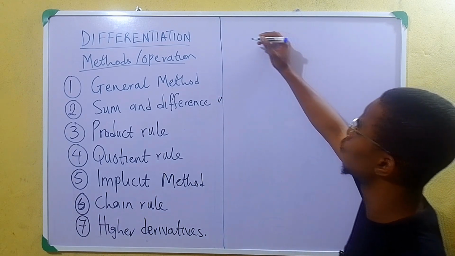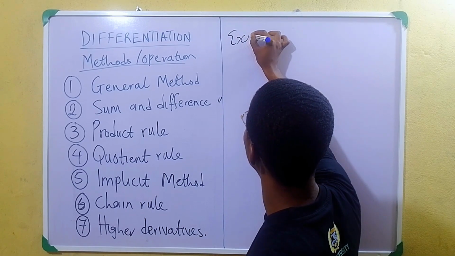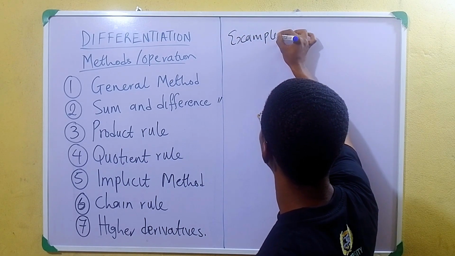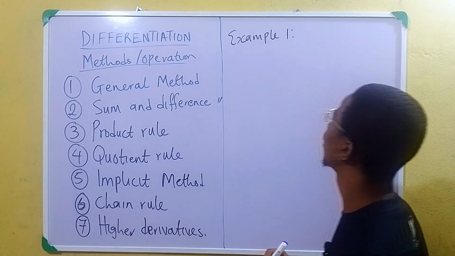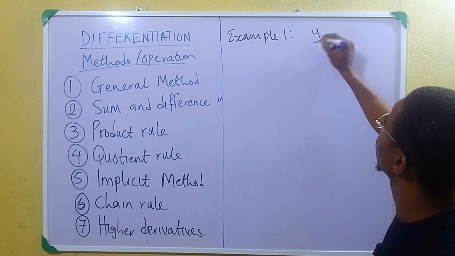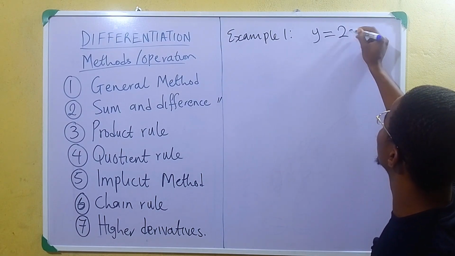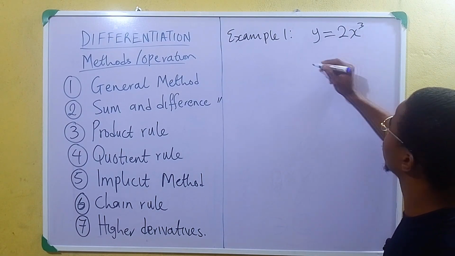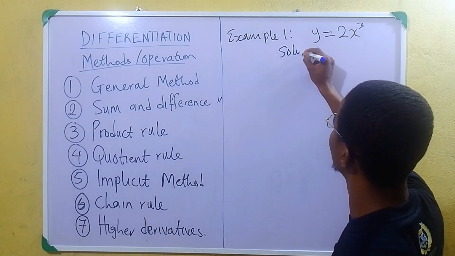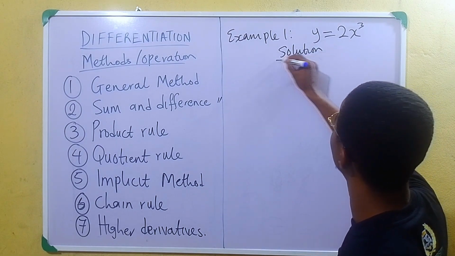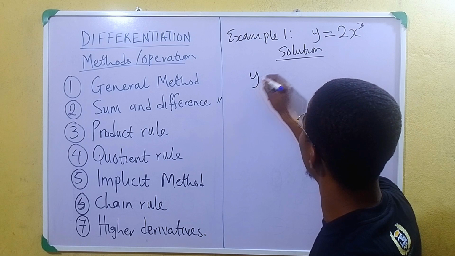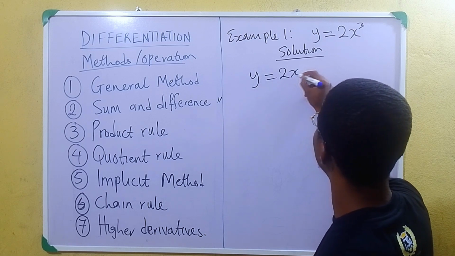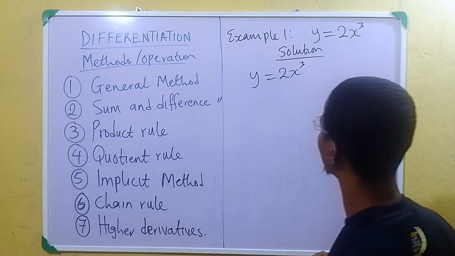Now, let's take an example. Example 1. Let's say that y is equal to 2x raised to power 3. We say solution. We have here that y is equal to 2x raised to power 3.